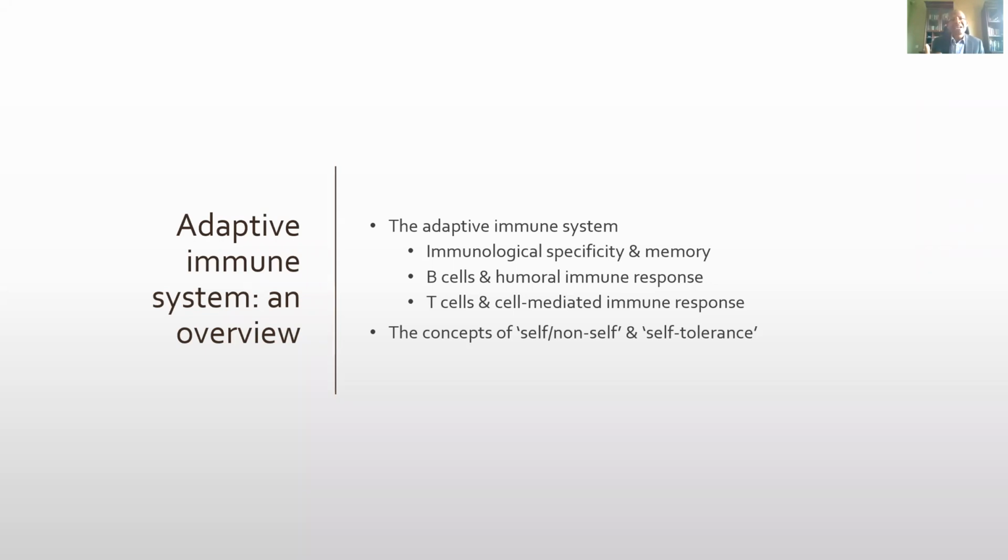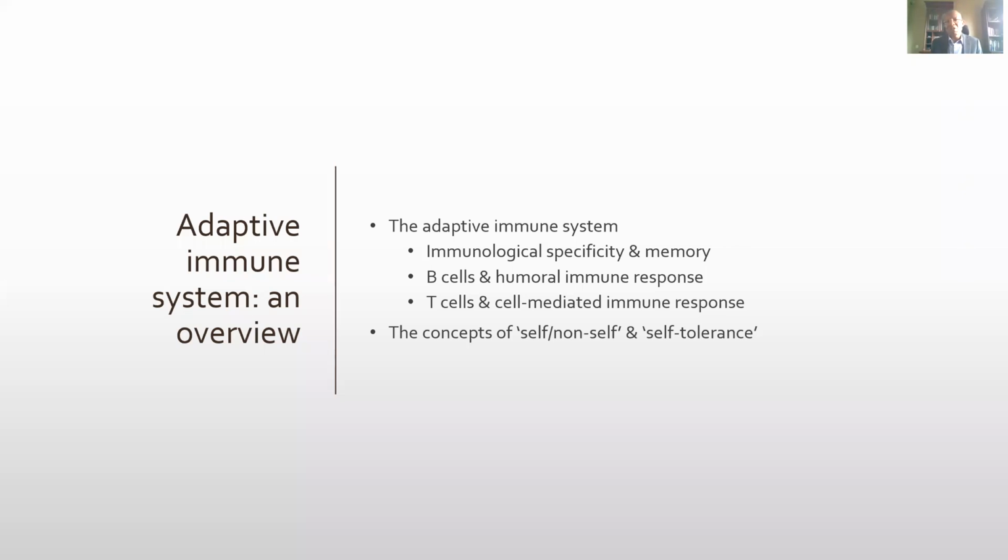Now, it has what we call immunological specificity. It is specific for each antigen, and you gain memory. When you gain memory and encounter the same antigen again, the specific immune mechanisms will be very rapid. Sometimes you may not even notice.